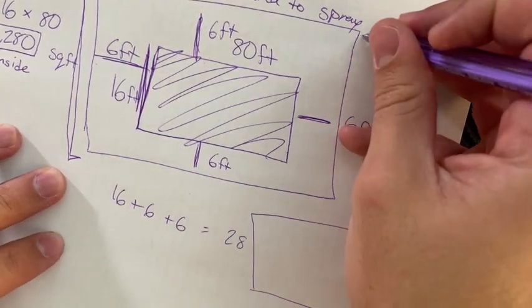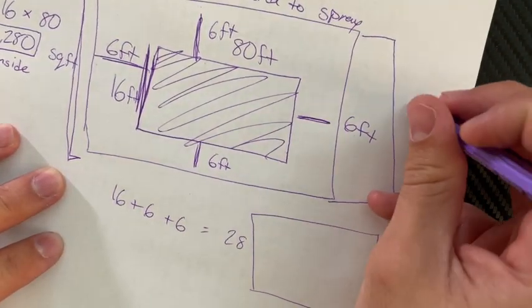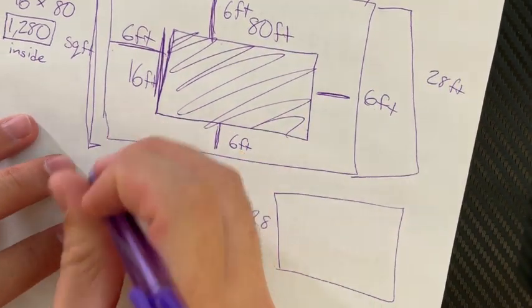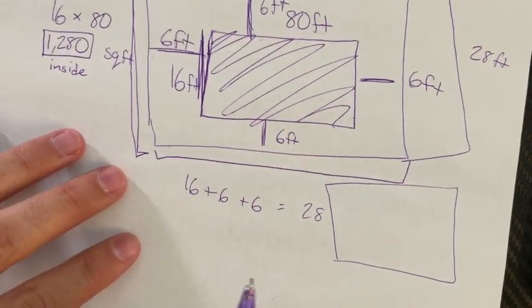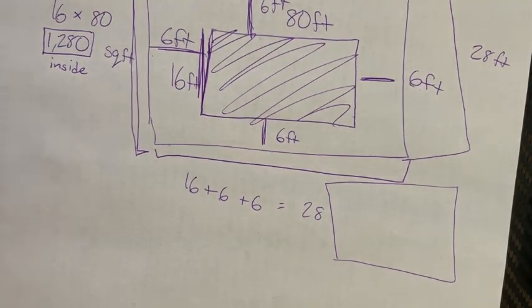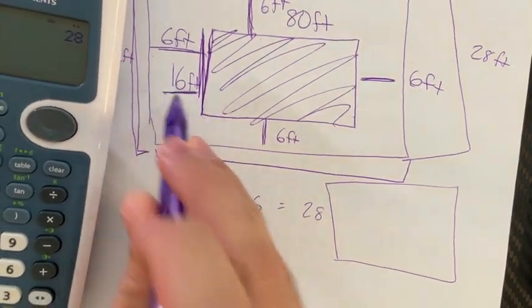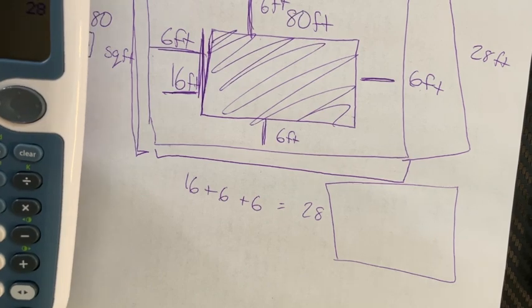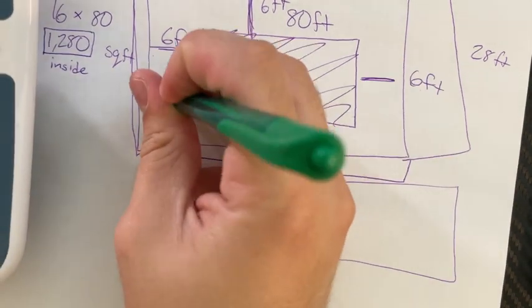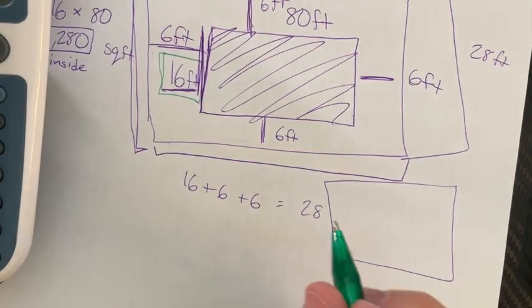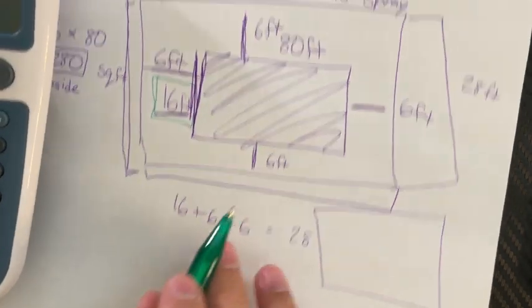So this outside rectangle, you don't have to draw it again, you can just write it here. My drawing's a little messy. But this total length is 28 feet, okay? And now we need to find the total length on the bottom side. We just did 16 feet plus 6 plus 6.